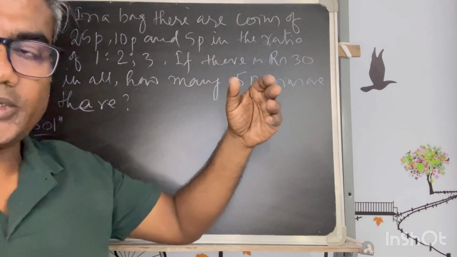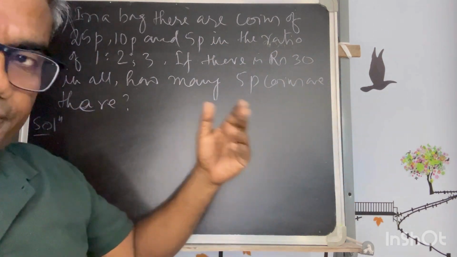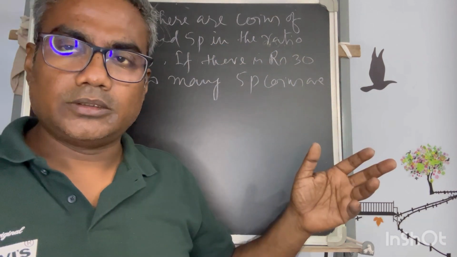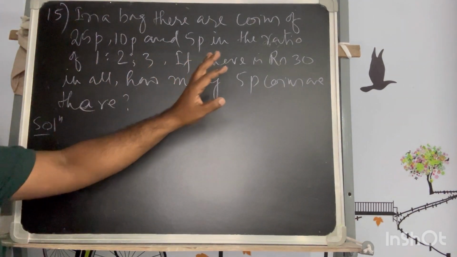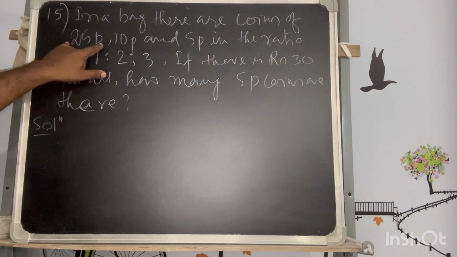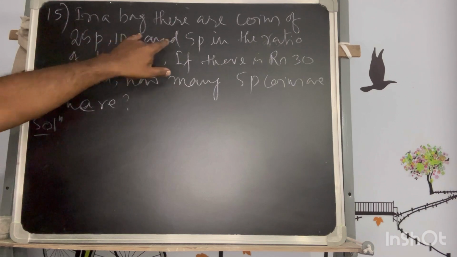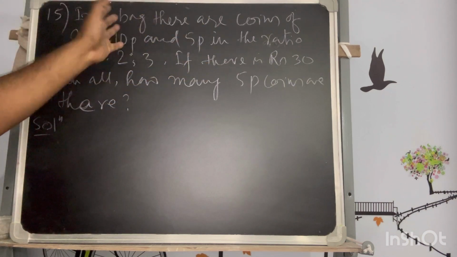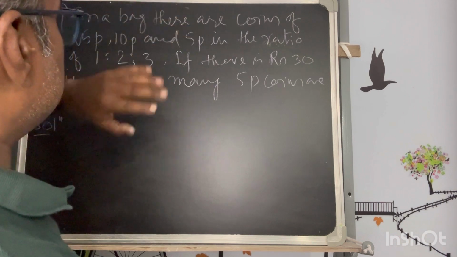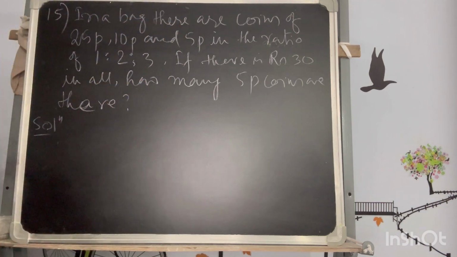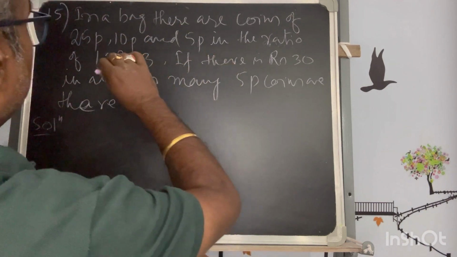Now the rupee is in increments of 1, but in paisa there may be different denominations available in Indian currency. So 25 paisa is there, 10 paisa is there, 5 paisa was also there in earlier days. Now it is obsolete. We are not getting these denominations now, but still for the sake of the sum we can use them.